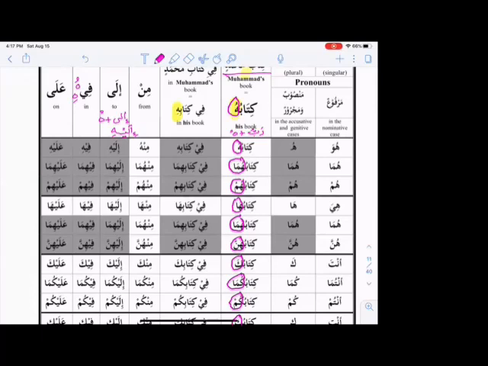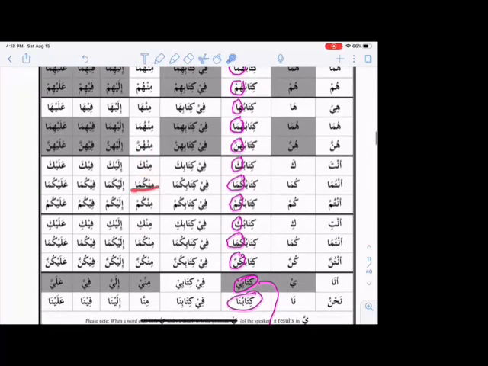Minhu, minhuma, minhum, minha, minhuma, minhunna, minka, minkuma, minkum, minki, minkuma, minkunna, and then minni, minna. Did you get the idea?